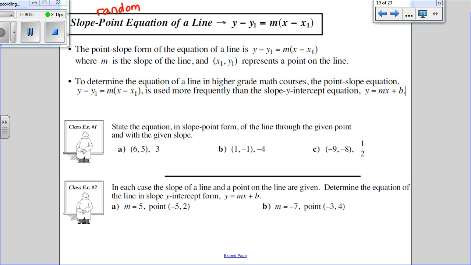In your equation, you'll notice that there's 2 y's and there's 2 x's. The y's that have numbers on them, these guys, and the x's that have numbers on them, those come from your point.